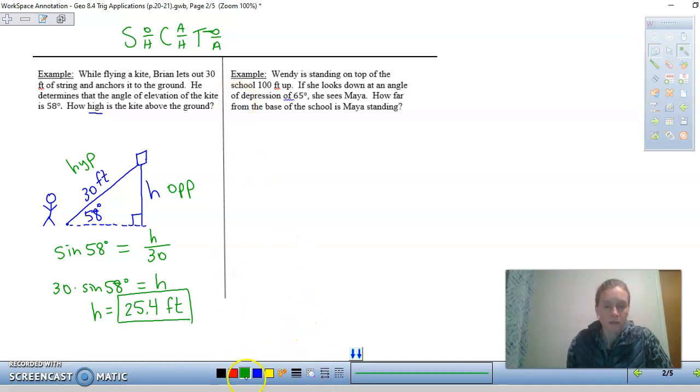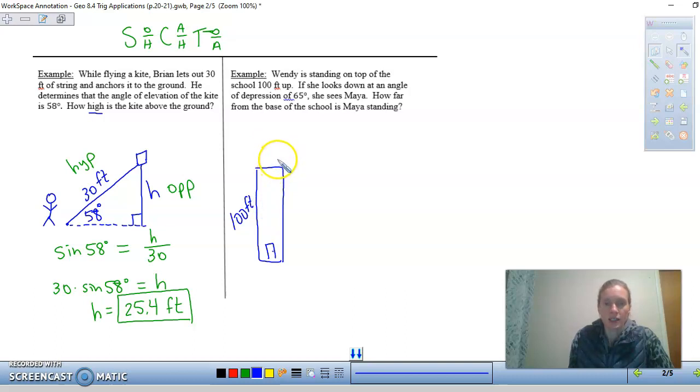Okay, next one. So Wendy is standing on top of the school 100 feet up. So that's a really tall school. So we'll just draw ourselves. We'll just pretend like this is a building. Here's the door. But this is 100 feet tall. Okay, Wendy's up top.